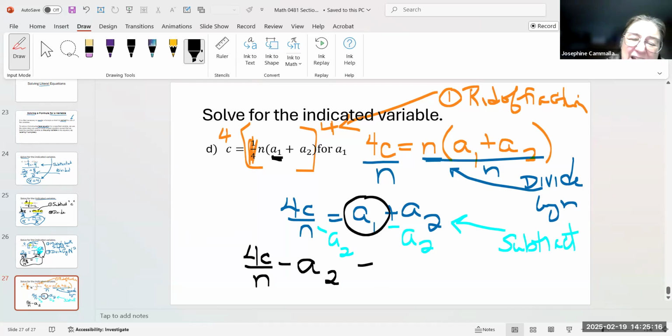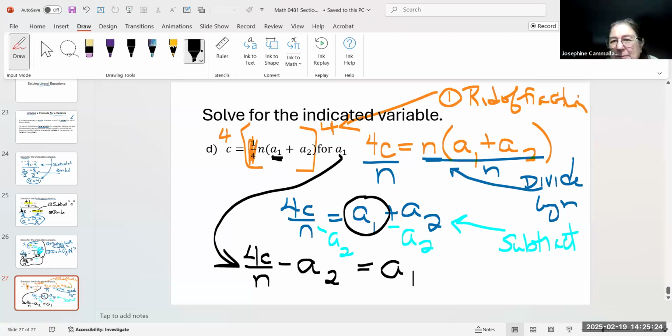And what do I have left on the right? A sub 1. This is what I want to solve for. I get rid of the fractions. I then have to get rid of the n, which is in front of the parentheses. And then I am left with only the parentheses. So I subtract.